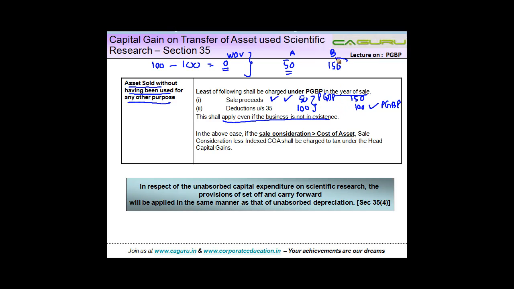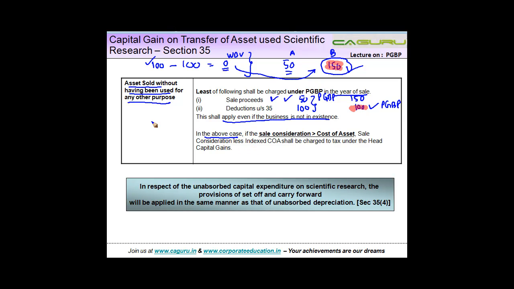Now, but what happens in this case? I mean, you got 150, so the gains that you have made is 150. Of course, you've paid tax on 100 under the head profits and gains of business and profession, but your income in any case is 100. So what happens to the balance? In the above case, if the sale consideration is greater than the cost of asset, so the sale consideration is 150, your cost of asset was 100.